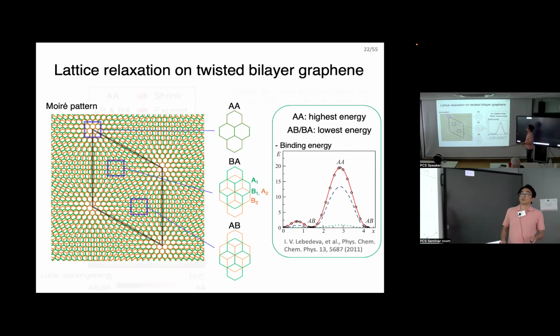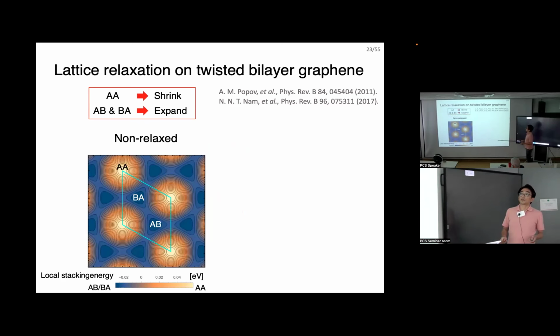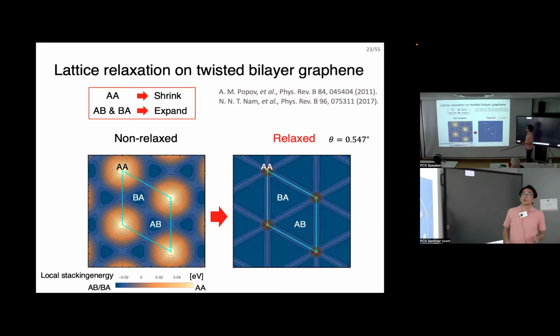Okay, how to do this? Well, there's some calculation. Now the atomic lattice picture is very complicated, so I show just the local stacking, bright is high and dark is low. This is the non-relaxed rigid honeycomb.